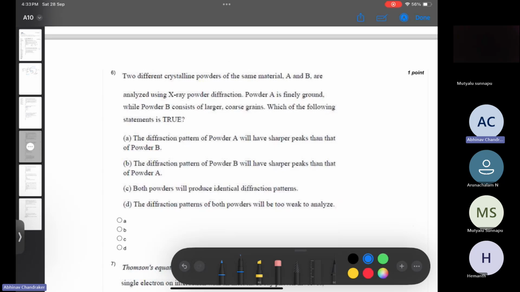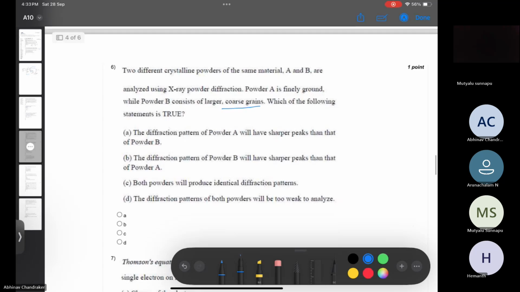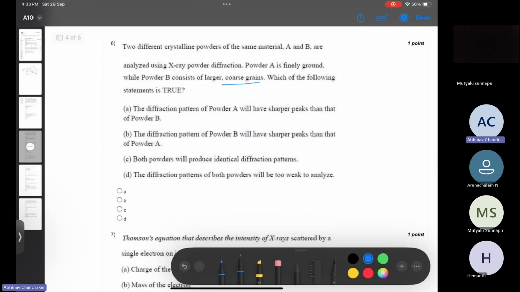A is finely ground and powder B has large coarse grains. I think the answer should be B.